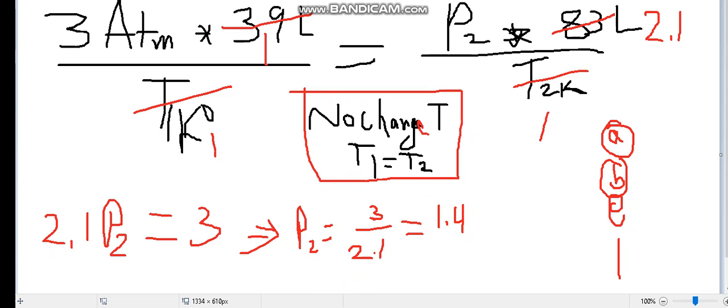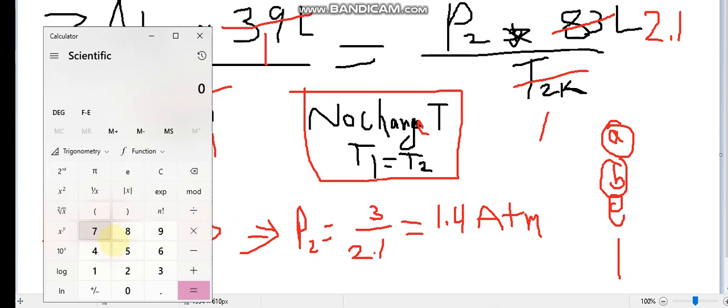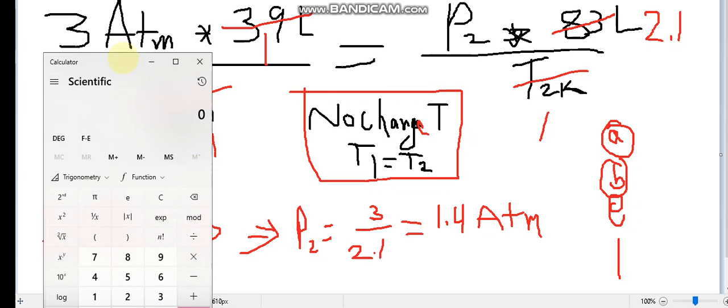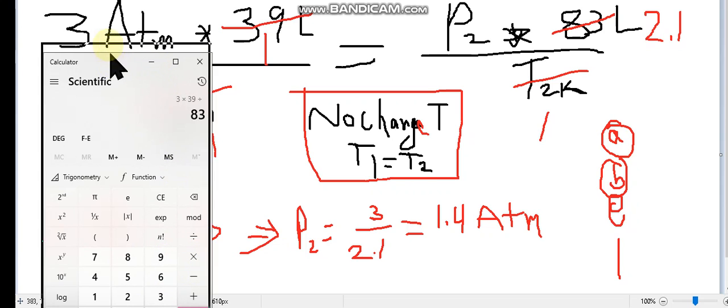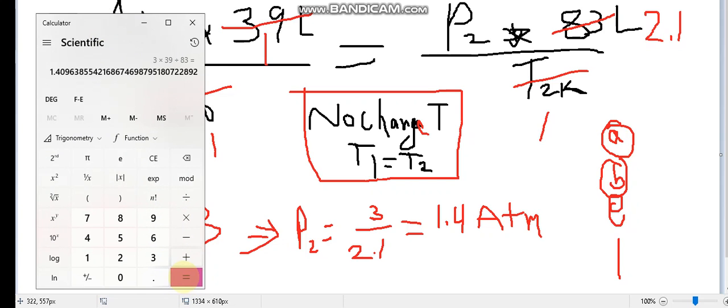Now, if I use my calculator, of course, the long way, 3 by 39 over 83 is nearly equal to 1.4. So my guess is correct.